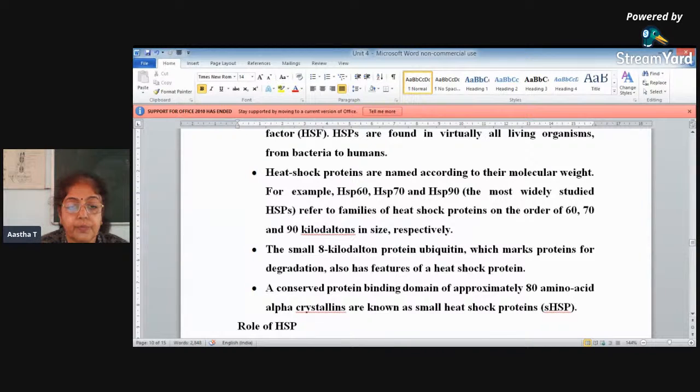ऍड करत असतो. The small 8 kilo Dalton protein ubiquitin, which marks proteins for degradation, has also the features of heat shock protein. आपण ubiquitin बघितलेला आहे.